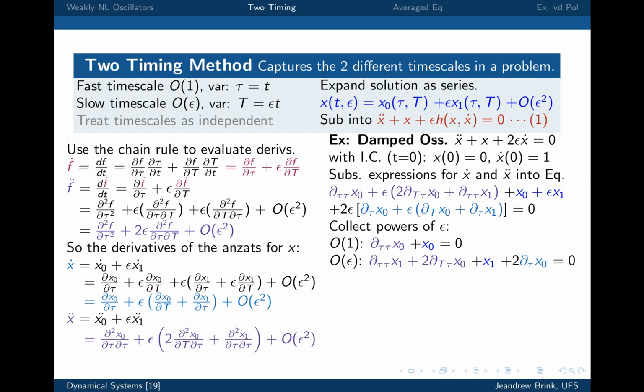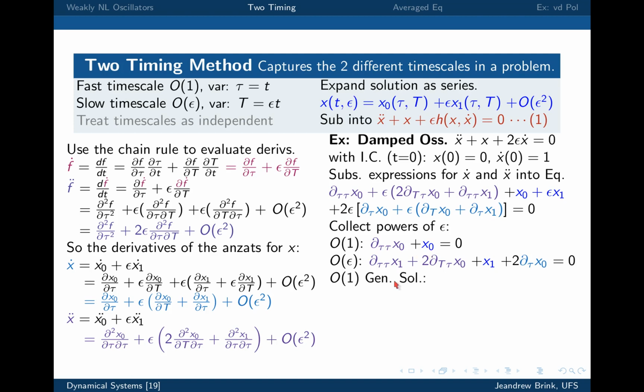We've now collected the powers of epsilon, and you can see that this looks very much like what we had in regular perturbation theory, and it's quite easy to solve. This one is a little more complicated, but it's a harmonic equation in the fast time for x1 plus this thing applied to x0, and you get x0 from solving the first equation.